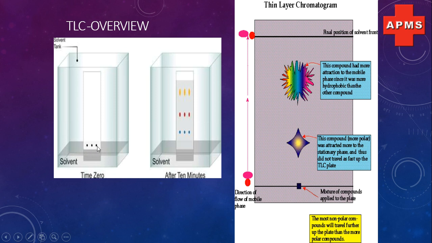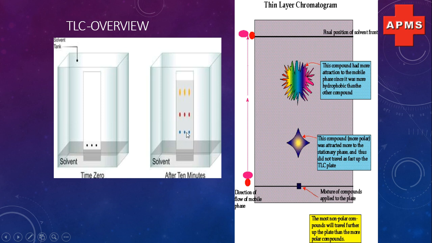When this assembly is put for some time, here it is shown for 10 minutes, the solvent moves up against gravity, and these sample components dissolve in this solvent and move up, and it is divided into three parts. So this sample has a total of three components: yellow, red, and blue colored components.